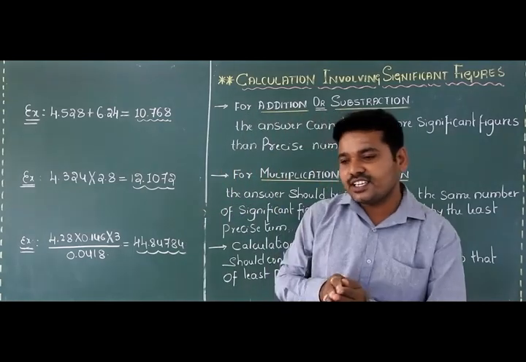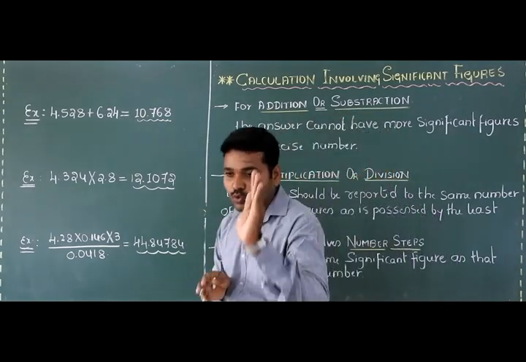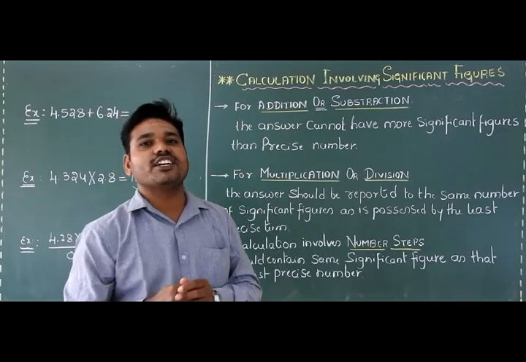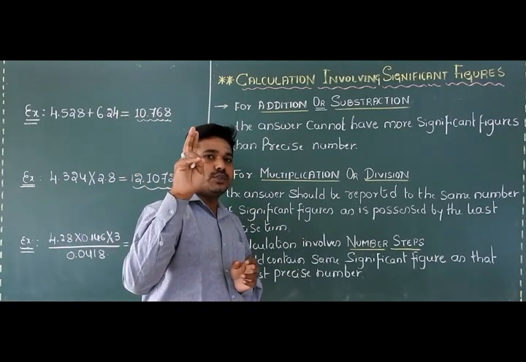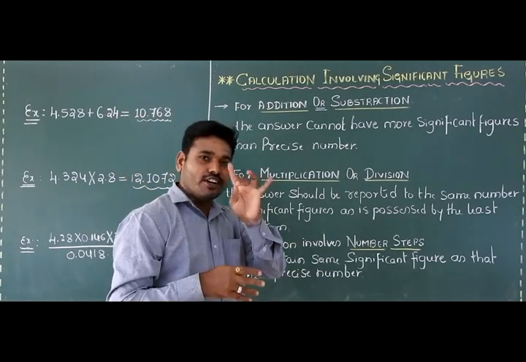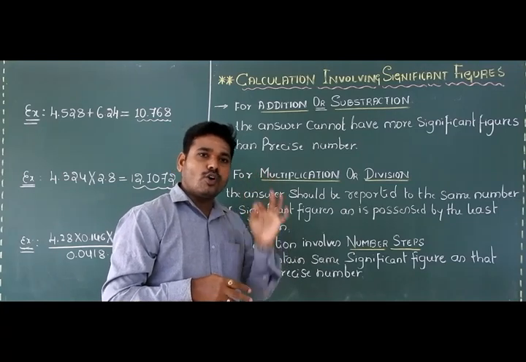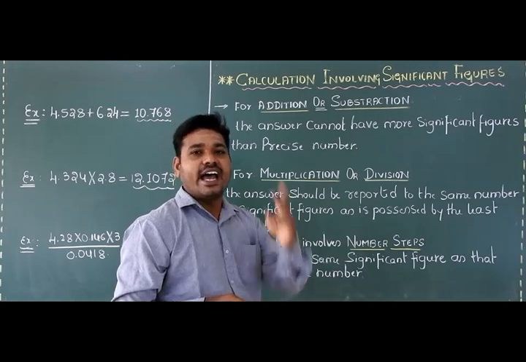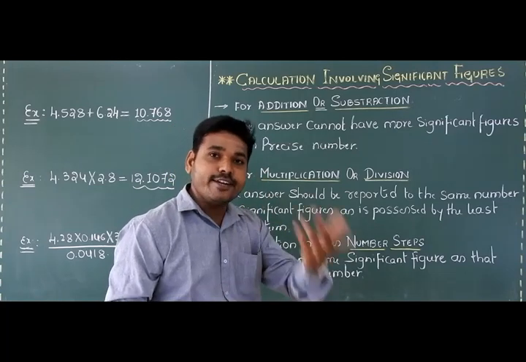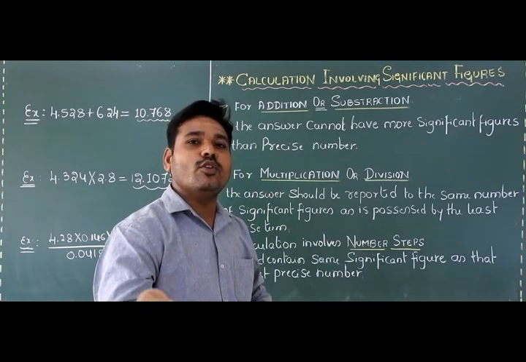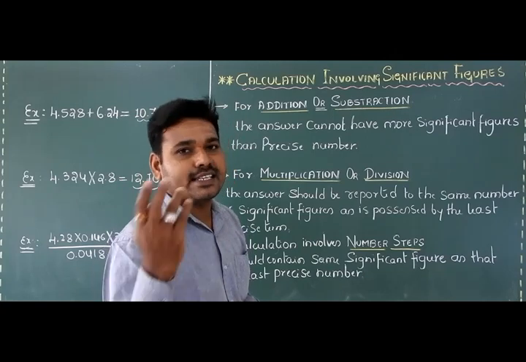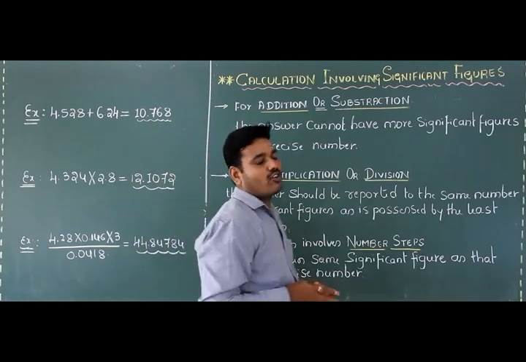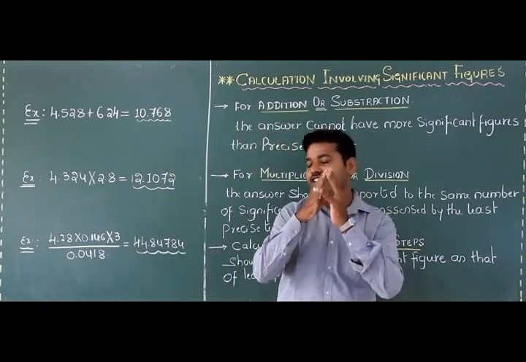For counting significant figures we use two important rules. The first rule is that all non-zero digits are counted as significant figures, and the second rule relates to zeros. Zeros are sometimes counted as significant and sometimes not, students.